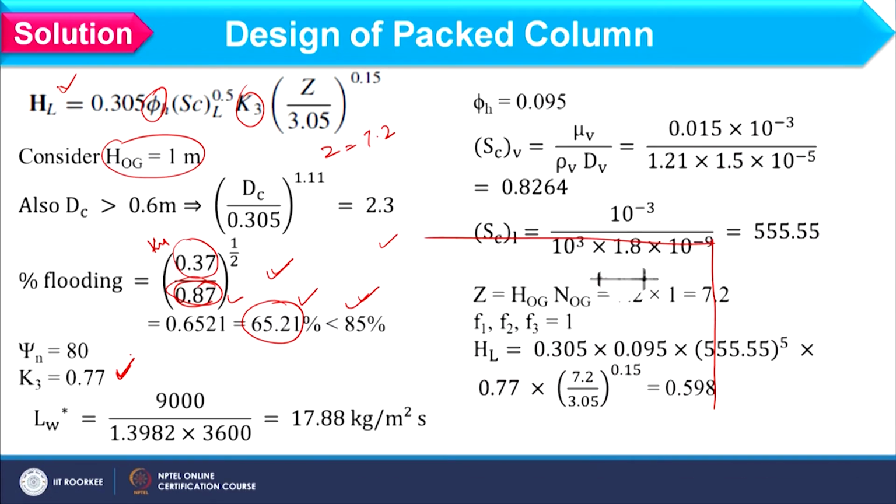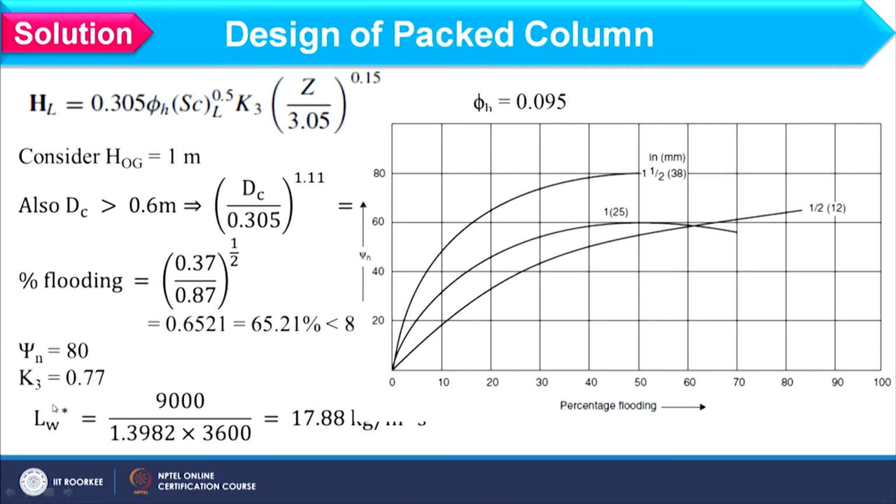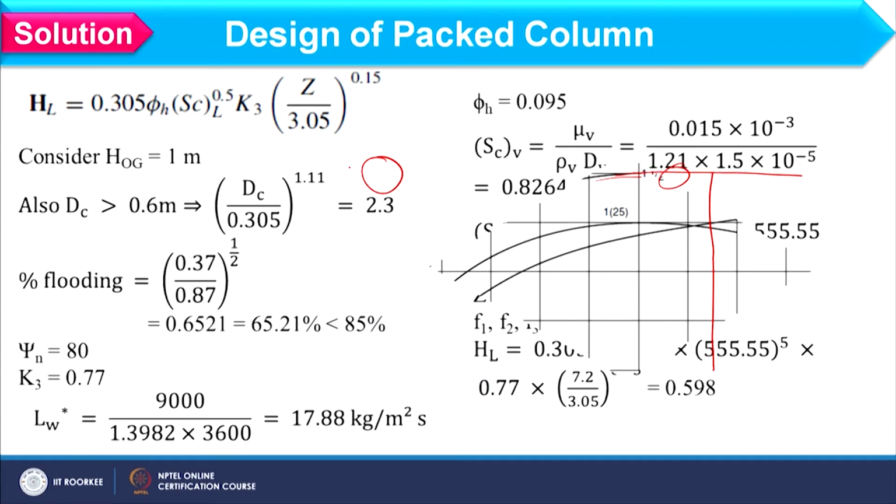Further, we can find the value of psi h. Here you see we have flooding condition around 65%, and when we draw the line upward, we can have the packing as 38 mm Berl saddle, and here the asymptotic line is falling and will be extended further. So, we can consider the value as 80.